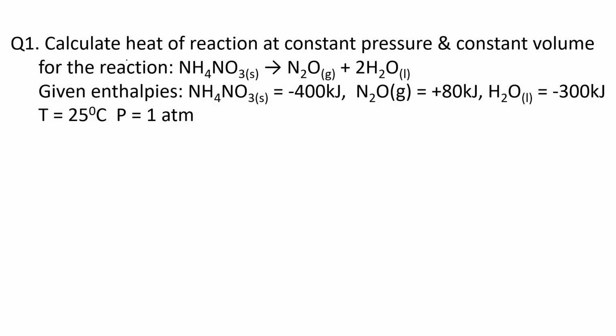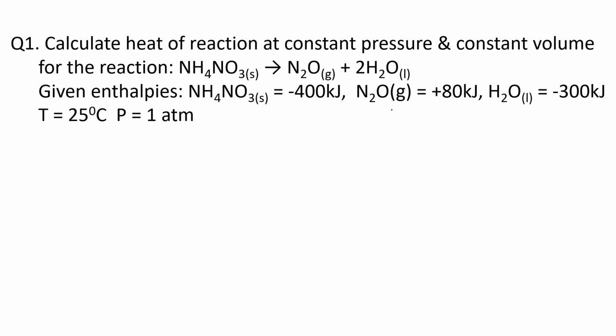Calculate the heat of reaction at constant pressure and constant volume. Already in my last video I have discussed heat of the reaction at constant pressure, constant volume and their relation. For the reaction, what is the reaction? Ammonium nitrate is decomposed to nitrous oxide gas plus liquid water.